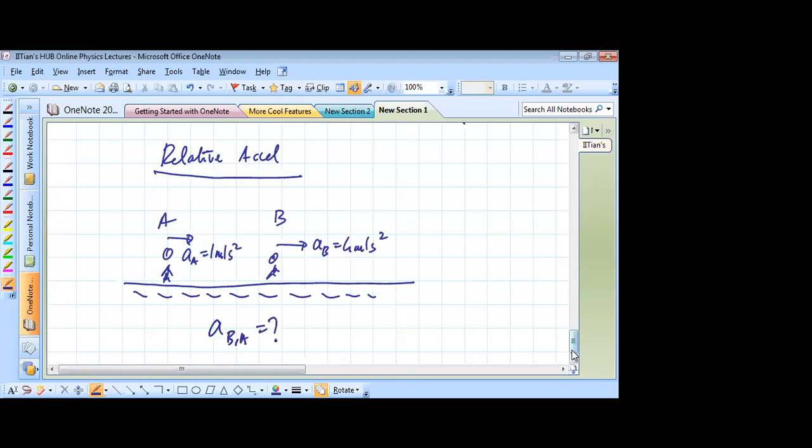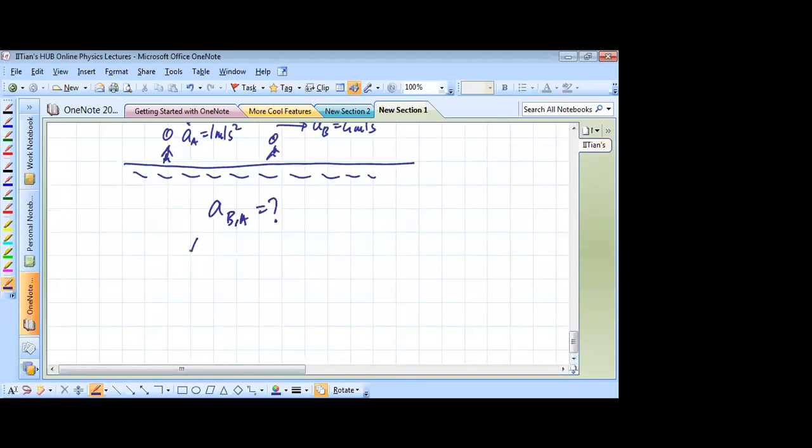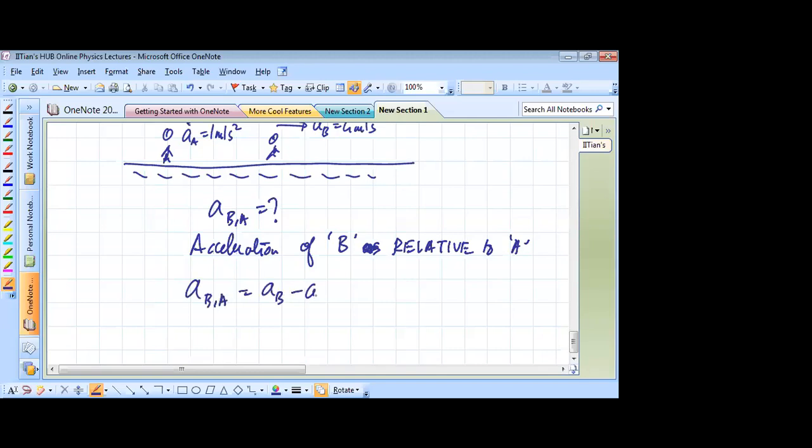This is the concept of relative acceleration: the acceleration of B relative to A. Yes, correct. The answer is the acceleration of B minus the acceleration of A. So that becomes 4 minus 1, which is plus 3.